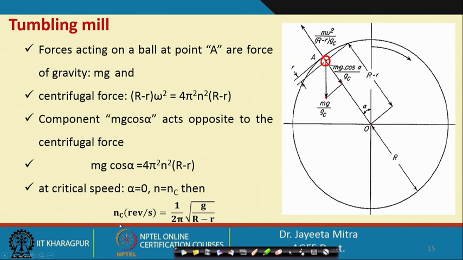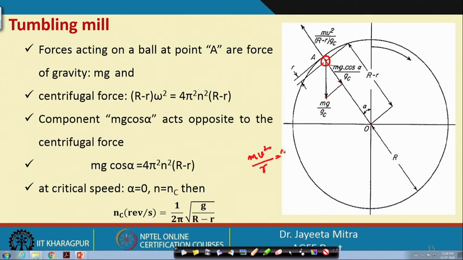So, mg with mv square by r, and then we get the critical speed nc in this way. Basically, what we are doing is equating mv square by r with mg cos alpha.